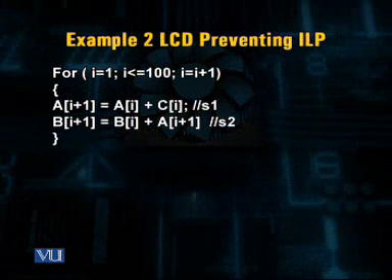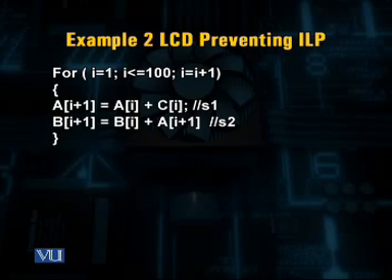Now let us have a look at this example where a for loop has got two statements. Let us assume that A, B, and C are distinct non-overlapping arrays, and there exist two dependencies between the statements of the loop. Here the statements S1 and S2 use the values computed by each statement in an earlier iteration.